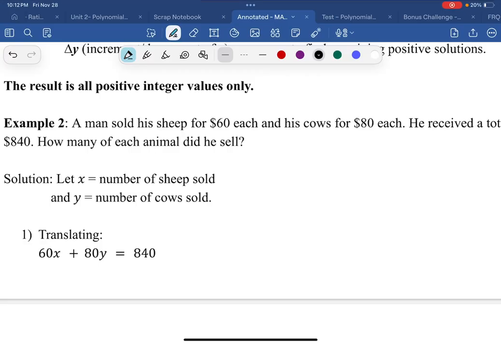And for the sheep, 10 sheep would get you $600, 11 would be 660, 12 would be 720, 13 would be 780. So we're talking about 13 or 14 sheep at most. So I would be restricting my values if I were plugging and chugging away, to like the 5, 6, 7 neck of the woods, just to play it out.